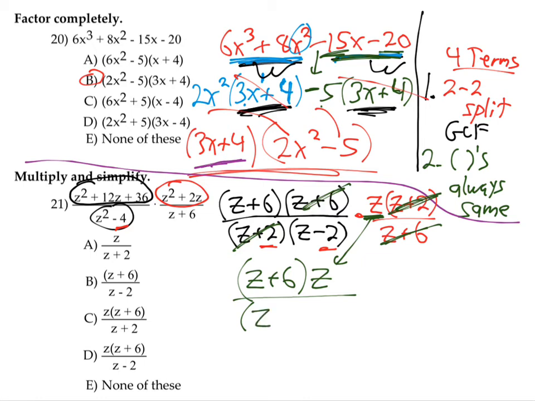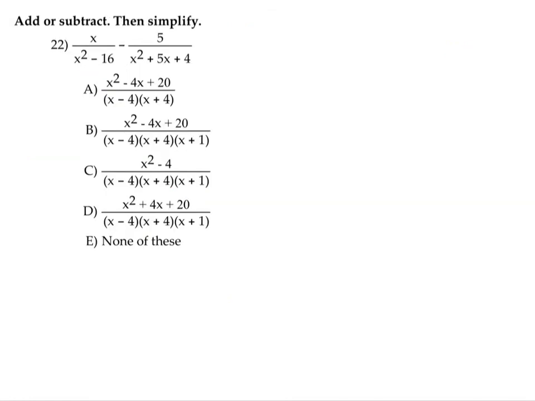And on the bottom, z minus 2, you don't need this parentheses, z minus 2. There it is. Is it D? Yeah, it's D. Difficulty 2. 22. How do we do that one?